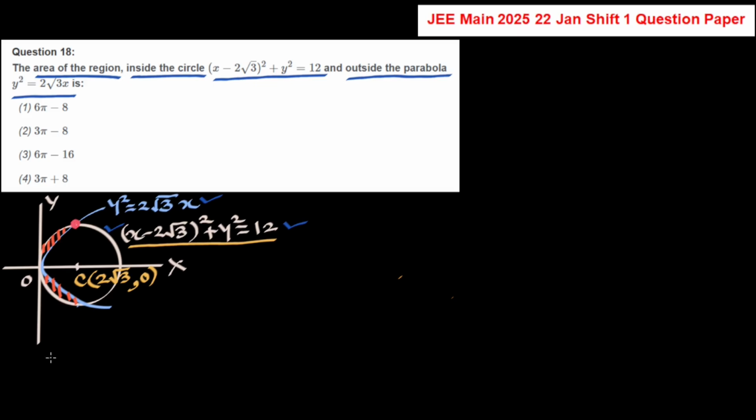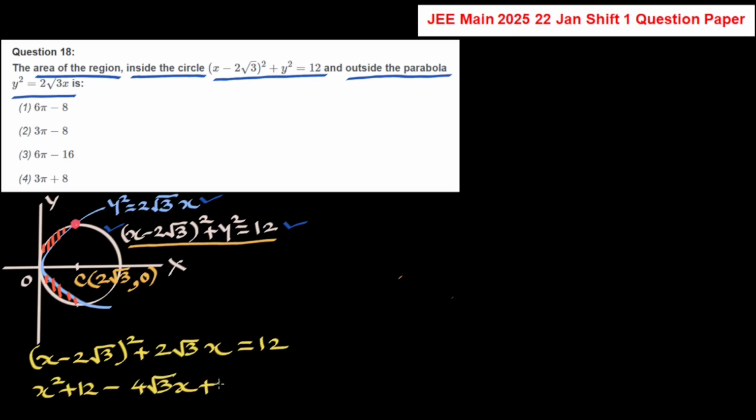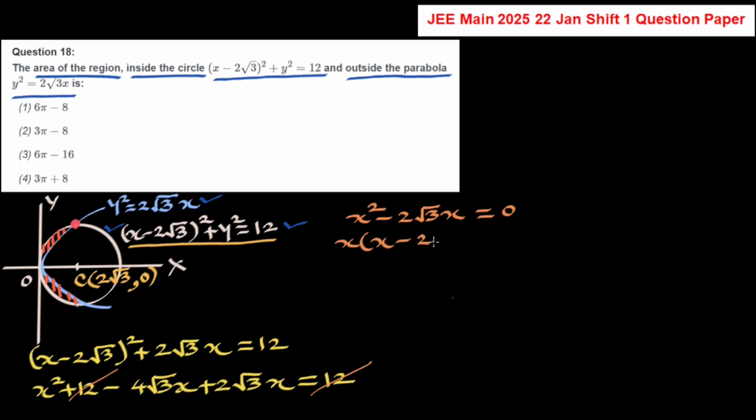So we write (x minus 2√3) whole square, and in place of y square we put 2√3x, equals 12. x square plus 12 minus 4√3x plus 2√3x equals 12. Cancelling 12, x square minus 2√3x equals 0. x(x minus 2√3) equals 0. x equals 0, x equals 2√3. So the x coordinate of this point will be 2√3.